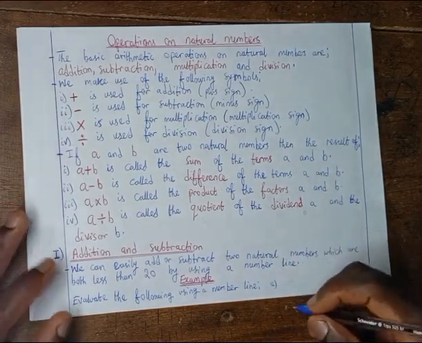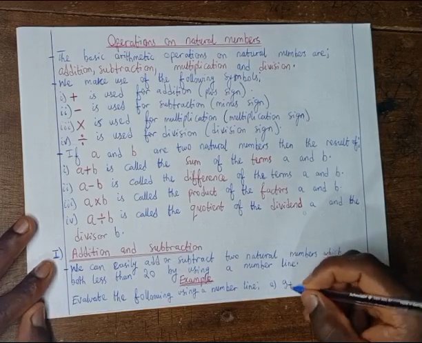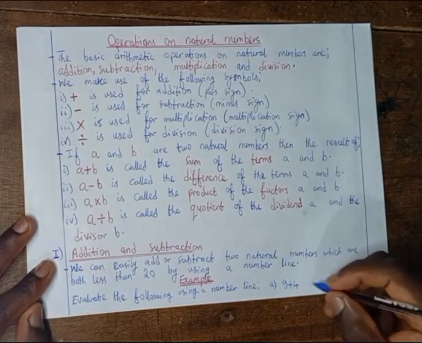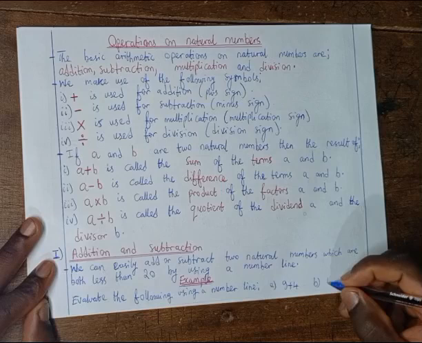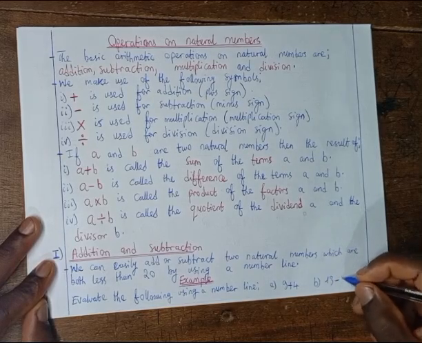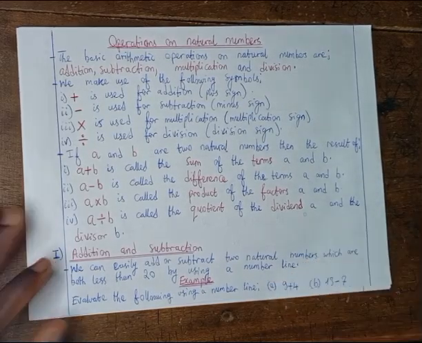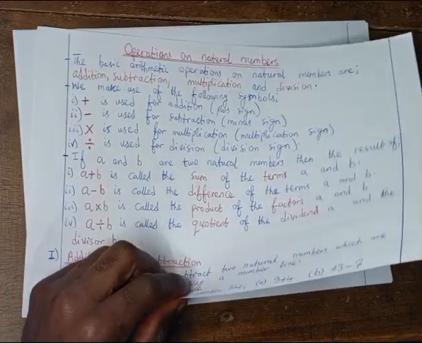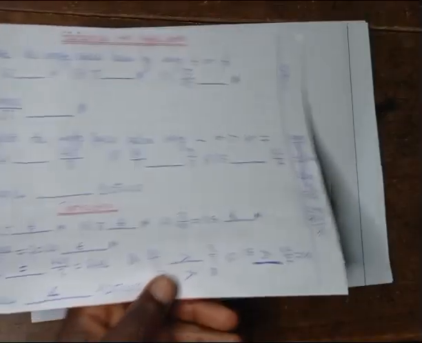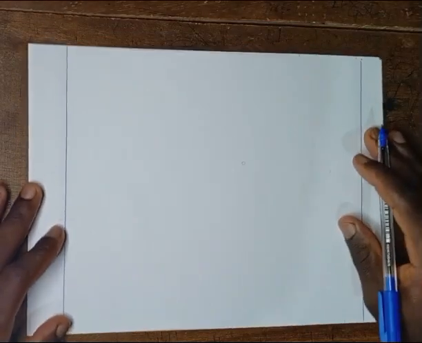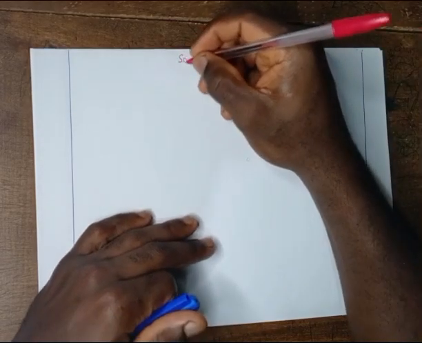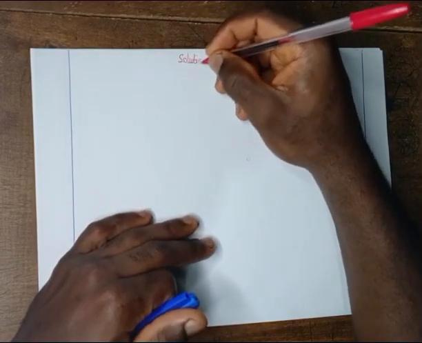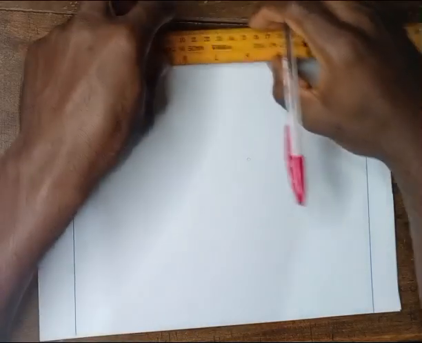A, let's take 9 plus 4. B, let's take 13 minus 7. We're going to evaluate them using the number line. Now let's take the solution.